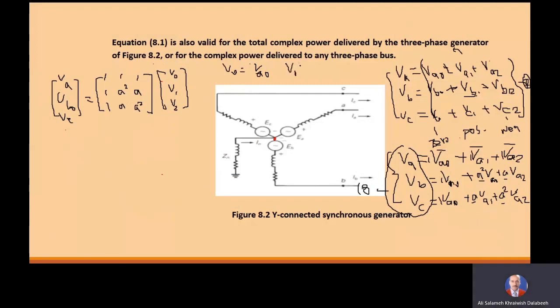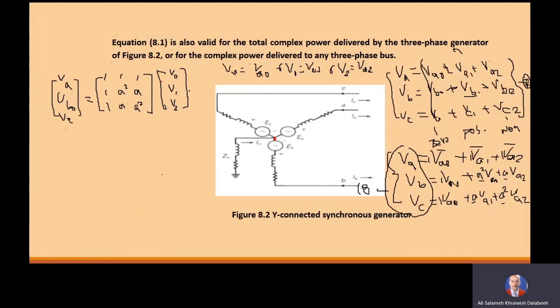V1 is the same as VA1. It is clear. And V2 is VA2. Okay. This is for the simplification.